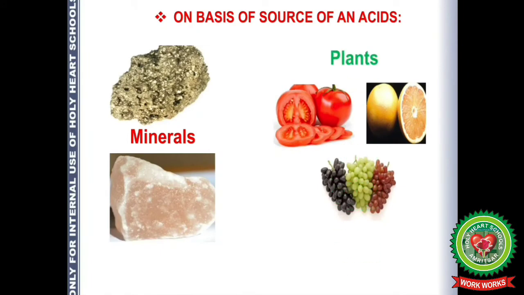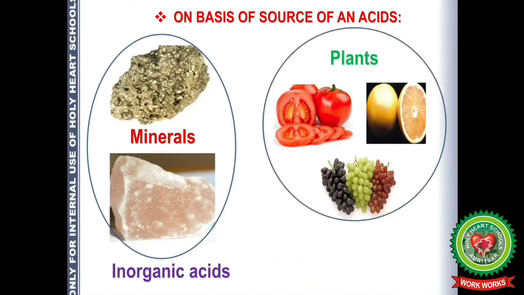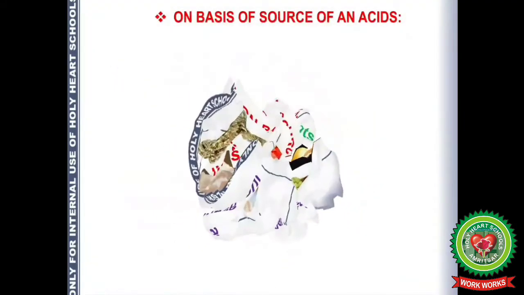These are plant sources. So on the basis of sources, there can be two types: one is mineral sources and one is plant sources. When it is mineral sources, then they are known as inorganic acids. So the acids that are obtained from minerals are known as inorganic acids, and the acids that are obtained from plants are known as organic acids. So remember this.